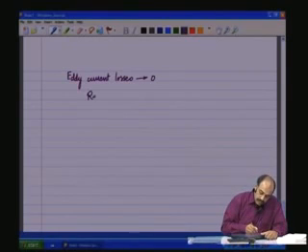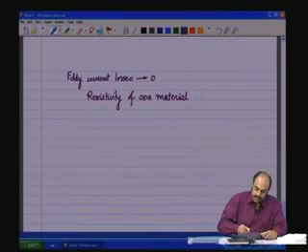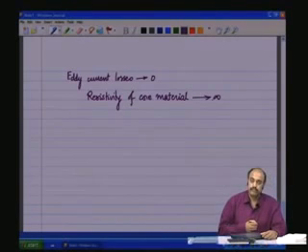So, the resistivity of the core material should tend to infinity.